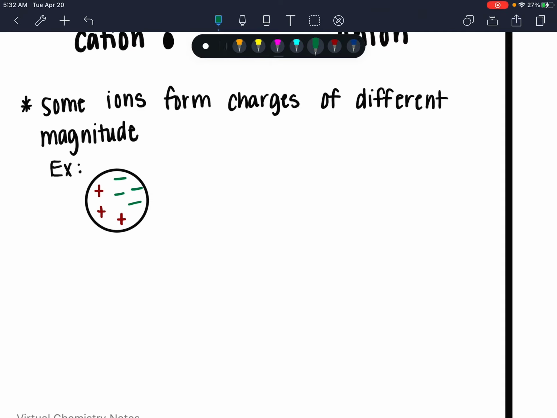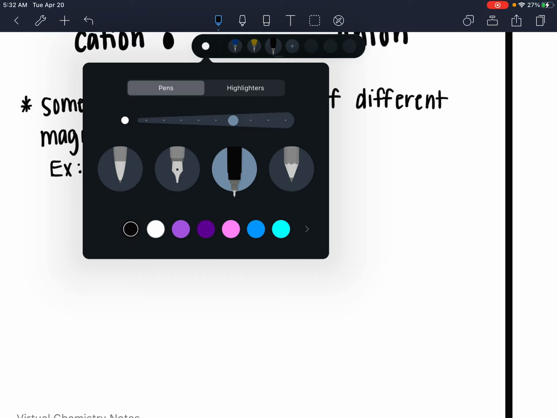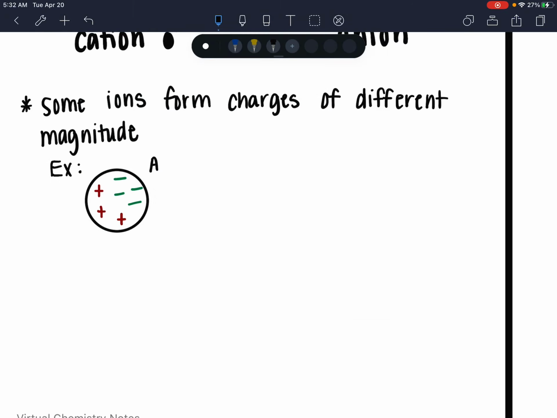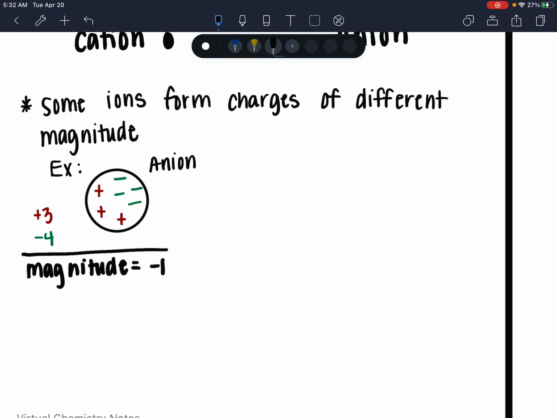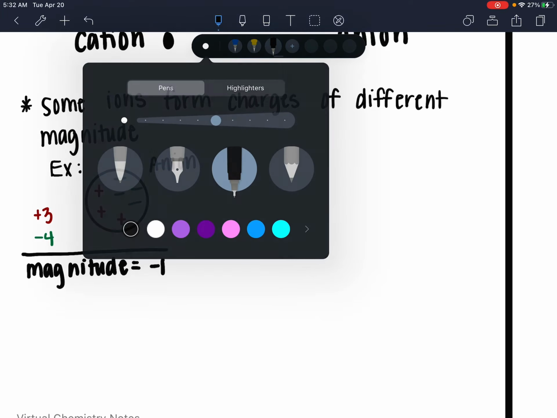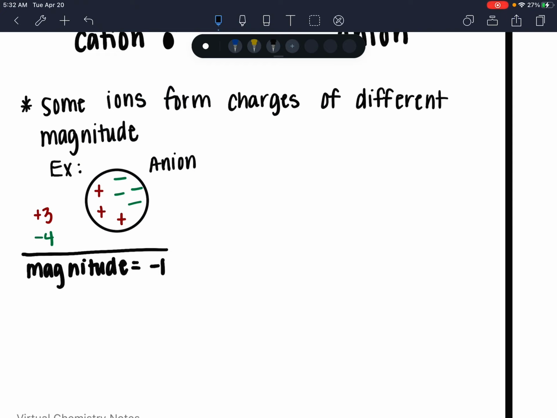Overall, this ion is going to be an anion because overall it will have a negative charge. But how much negative charge will it have? If I have 3 positives and 4 negatives, the magnitude of my charge is going to be -1. So in other words, this is an anion that has a -1 charge.